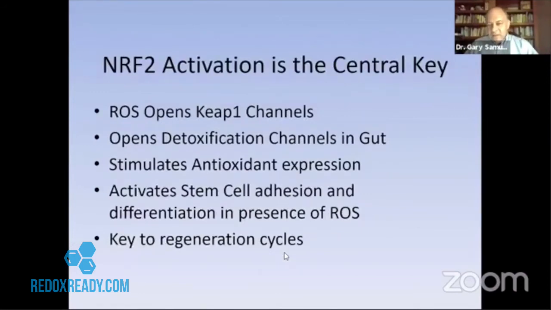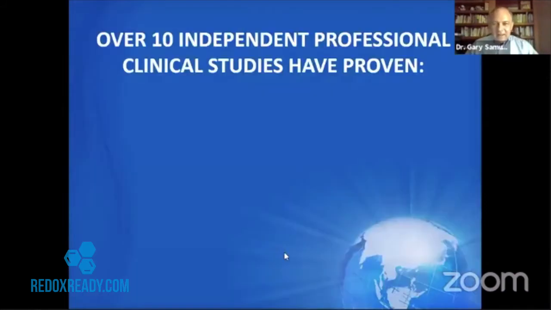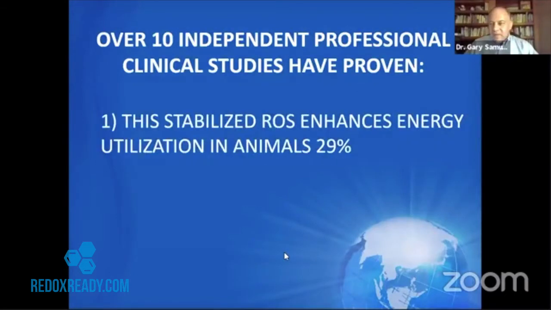It opens these keep one channels, which are also part of the genetic pathways that we have studied. It opens detoxification channels in the gut, and stimulates antioxidant production, and it's key to regeneration cycles of the cell. So we found that this is just almost a universal heal it thing.